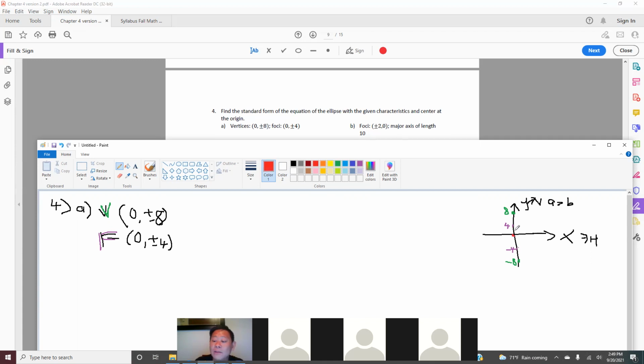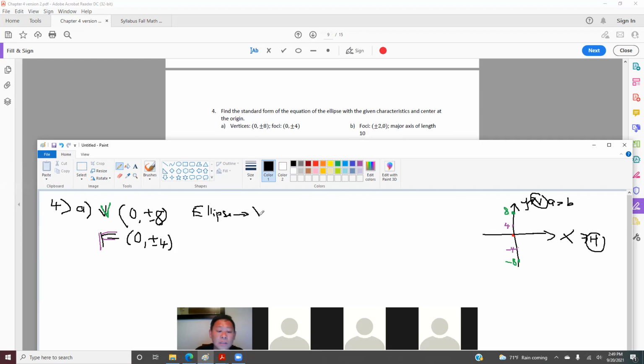So everything lies on where? On the y-axis. So is this on the horizontal side or on the vertical side? This is on the vertical side.